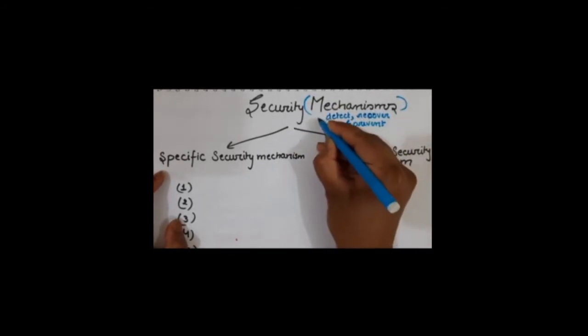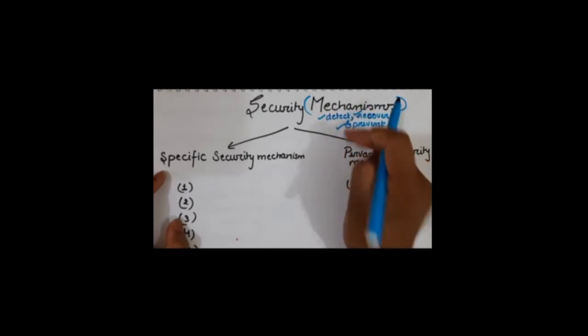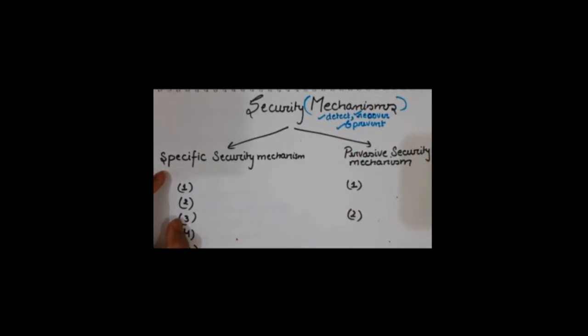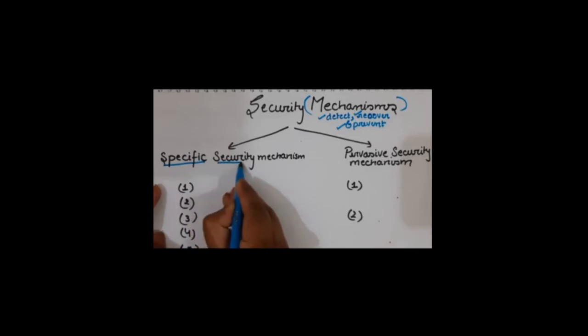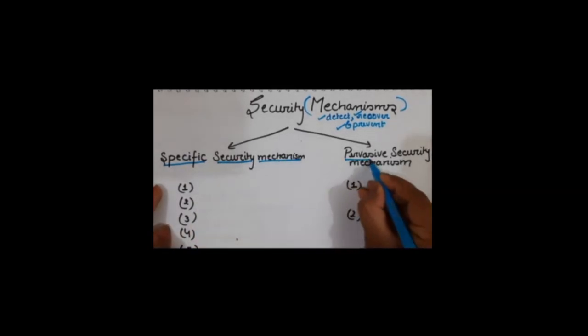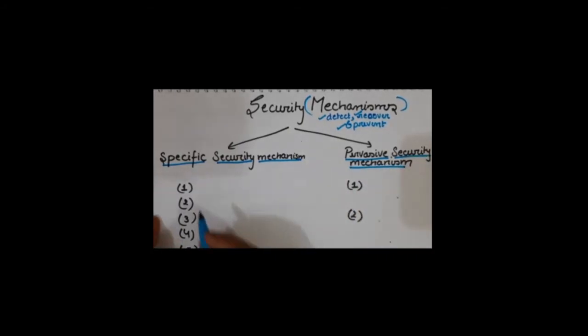So these three are the functionalities of a mechanism: detect, recover, and prevent. There are different types of mechanisms. Basically, security mechanisms can be divided into two parts: specific security mechanism, and the second one is pervasive security mechanism.